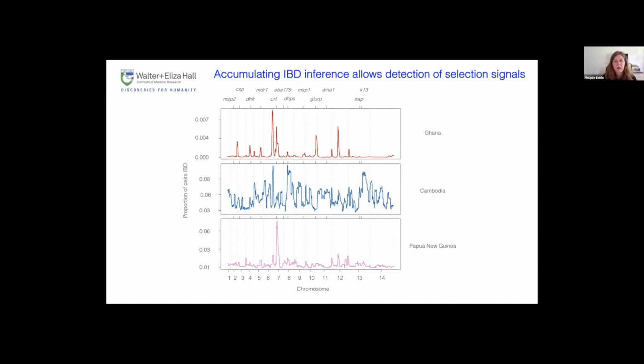So not only can we do pairwise analysis of pairs of draws of the pathogen from different individuals, we can accumulate those identity by descent relationships and sum them over cohorts. And when you do that, you accumulate regions of the genome where there are peaks of very close relatedness.